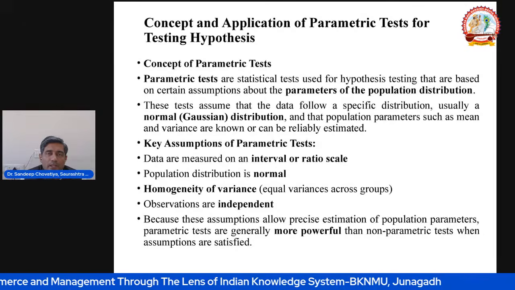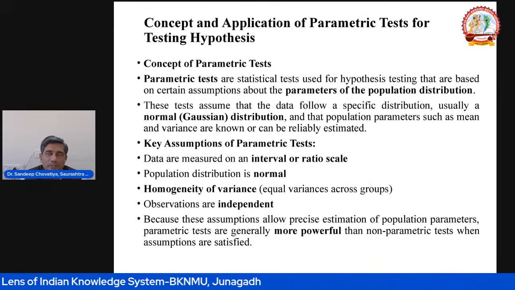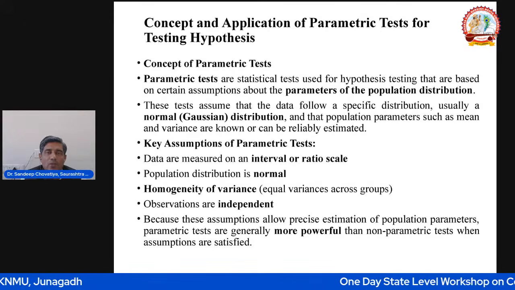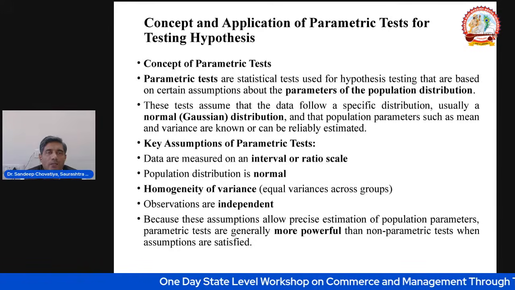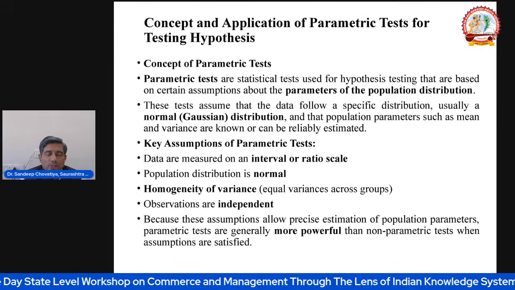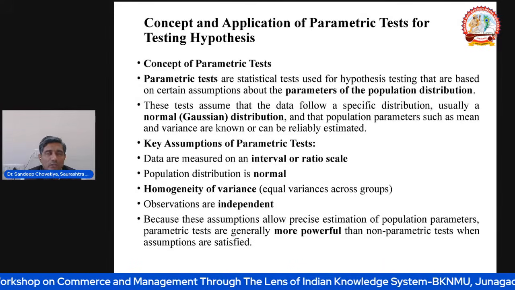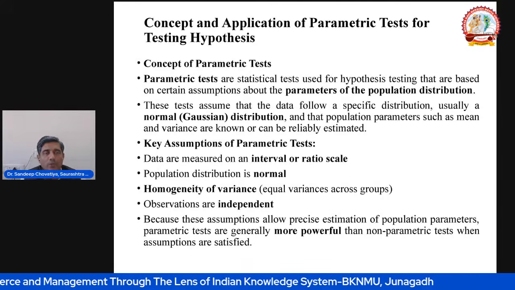Parametric tests are statistical tests useful for hypothesis testing that are based on certain assumptions about the parameters of the population distribution. These tests assume that the data specifically follow a certain distribution, usually the normal distribution.